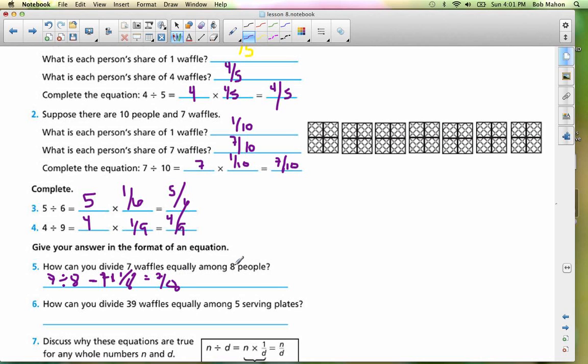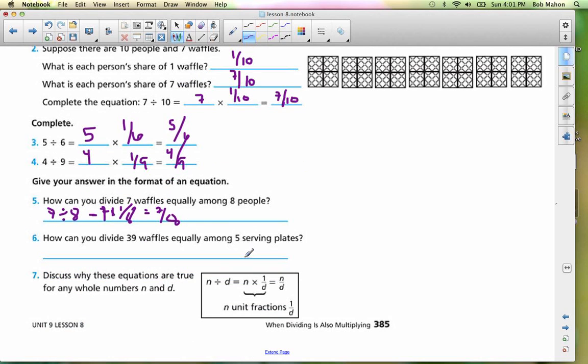So how can 39 waffles be divided equally among 5 plates? Well, 39 divided by 5 is the same thing as saying 39 times 1/5, or 39/5.